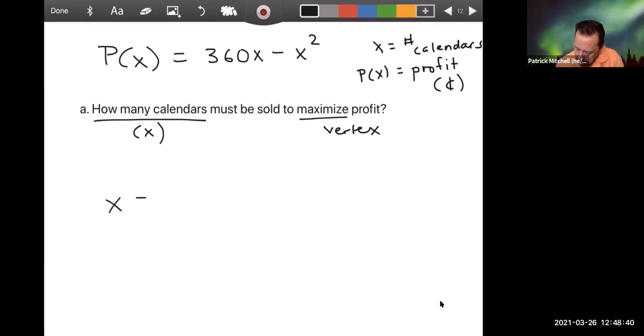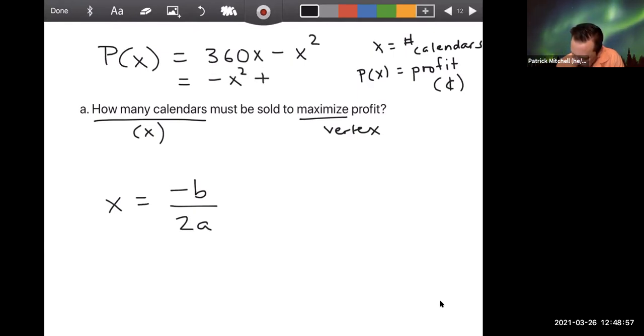So I break out my formula, x equals -b over 2a. Let's identify a and b. So be careful. Notice the form that they wrote the function in. It's not standard form exactly. If you rewrite it like this, you might find that helpful. A is -1 and B is 360.